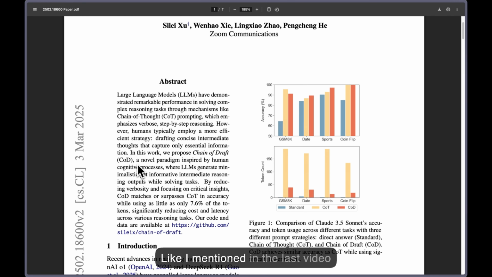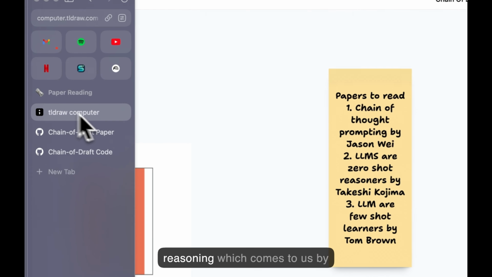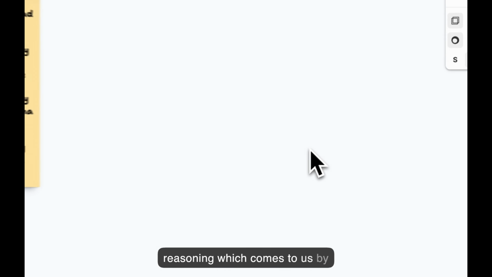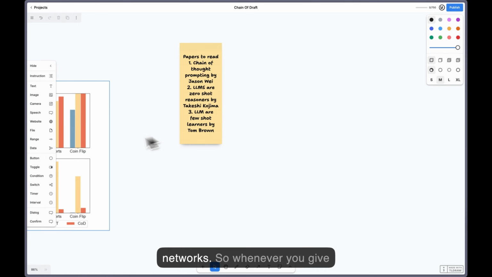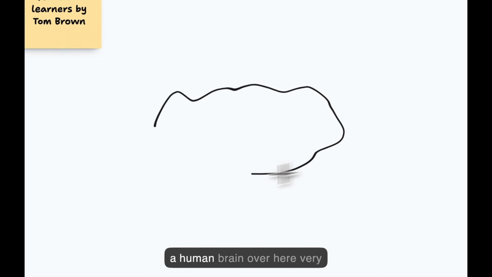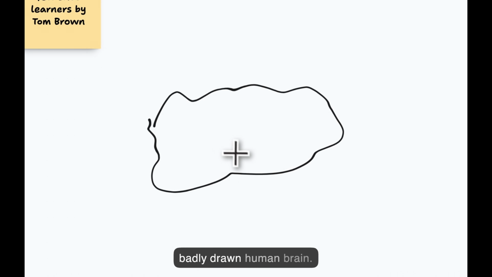Like I mentioned in the last video, models struggle with understanding context or simple reasoning which comes to us by common sense. That is something which large language models struggle with because they're made up of neural networks, right? Whenever you give them information, they're basically growing new nodes or neurons. We don't do that. Let's take a human brain over here, very badly drawn.